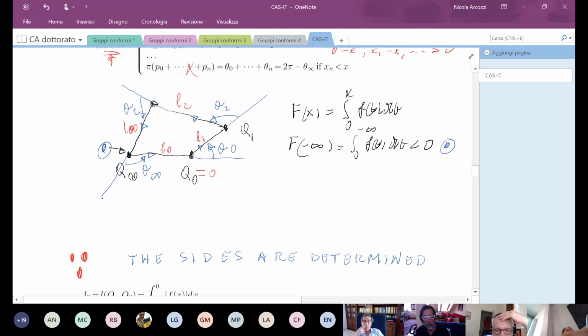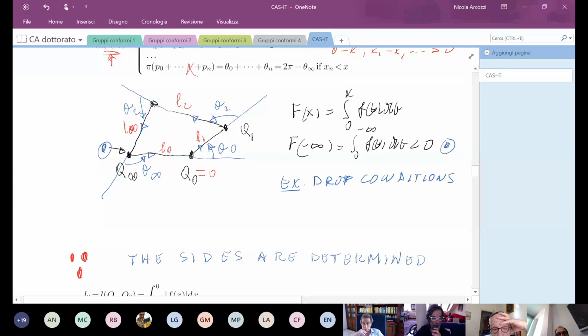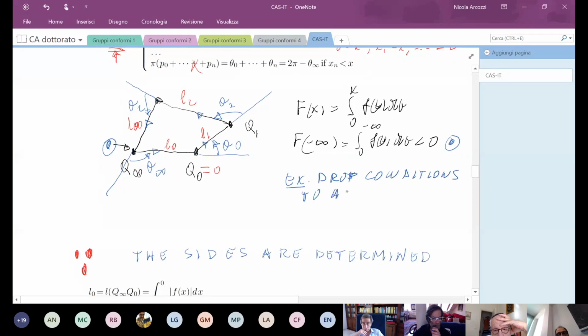As an exercise, if you drop some of these conditions, you get a picture like that.